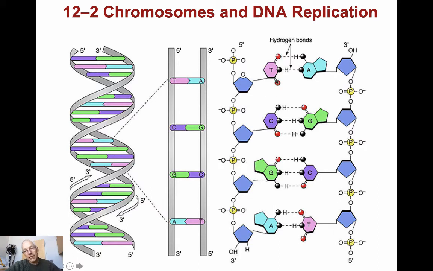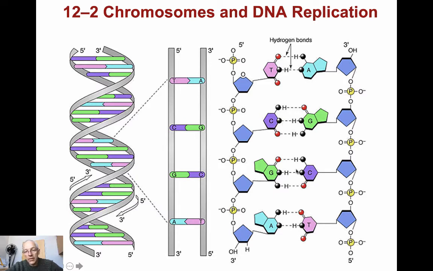Because of the structure of the nitrogenous bases, hydrogen bonds are able to form very specifically between adenine and thymine and between cytosine and guanine.